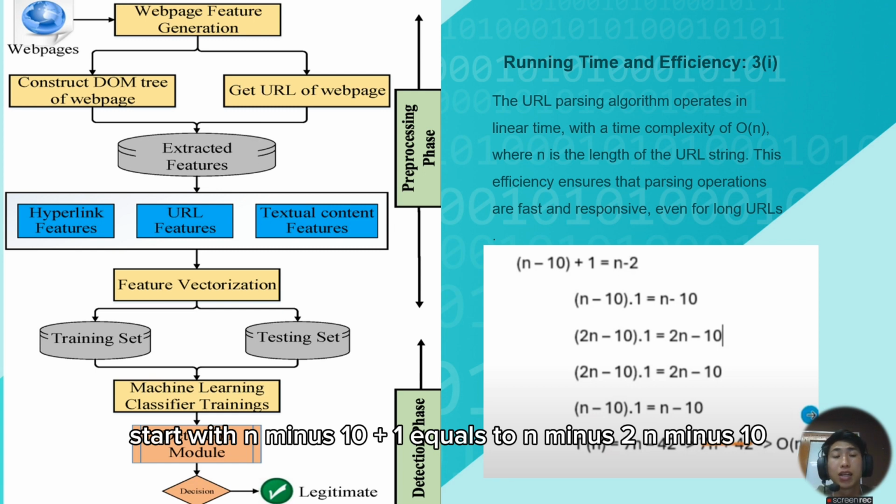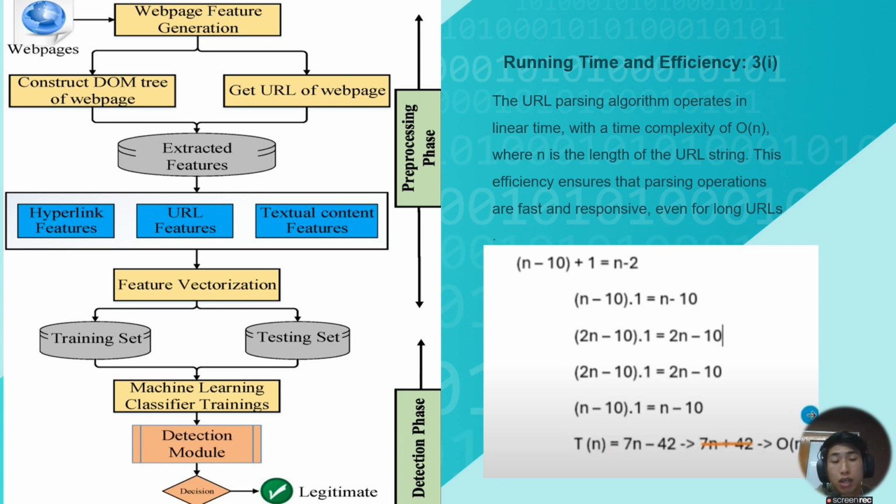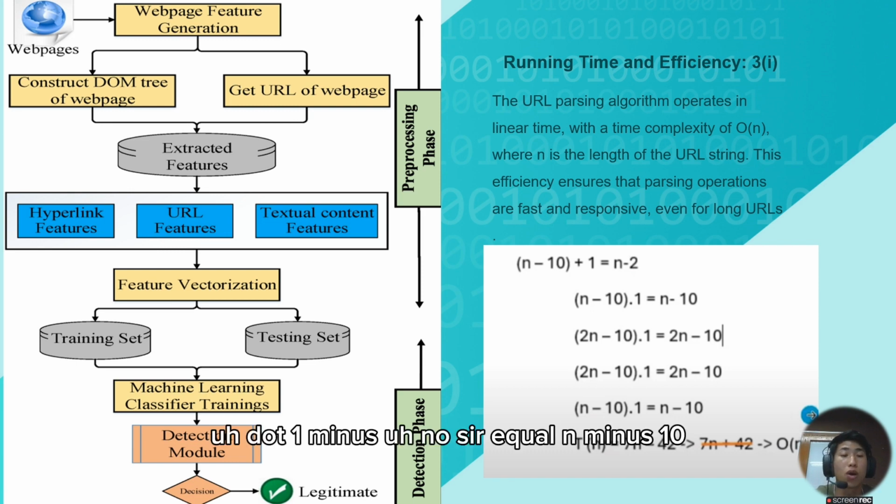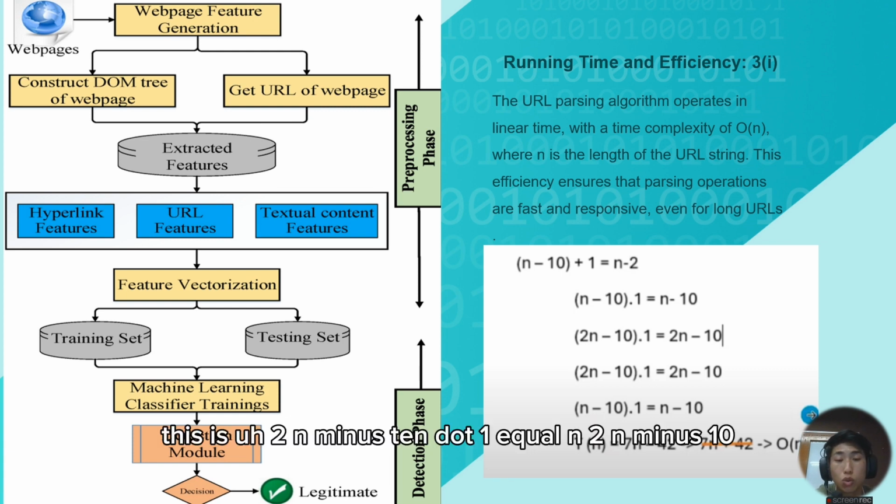n minus 10 plus 1 equal to n minus 2. n minus 10 dot 1 equal n minus 10.